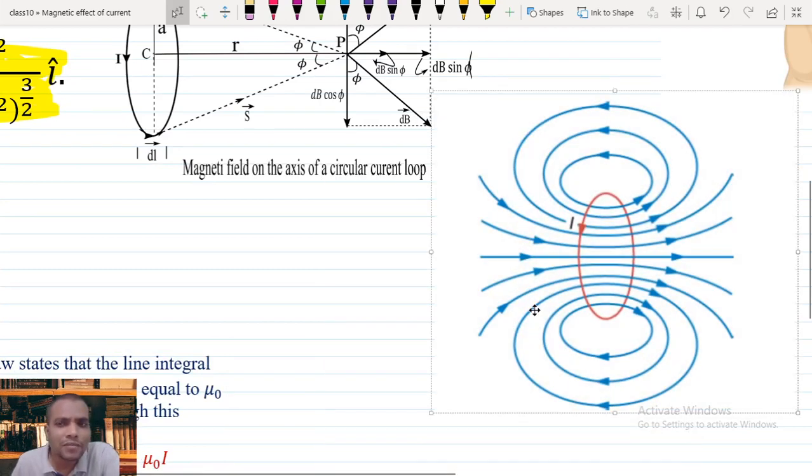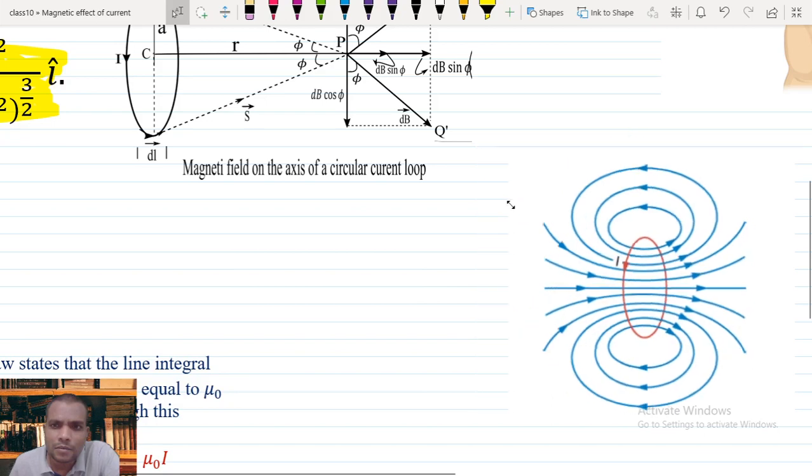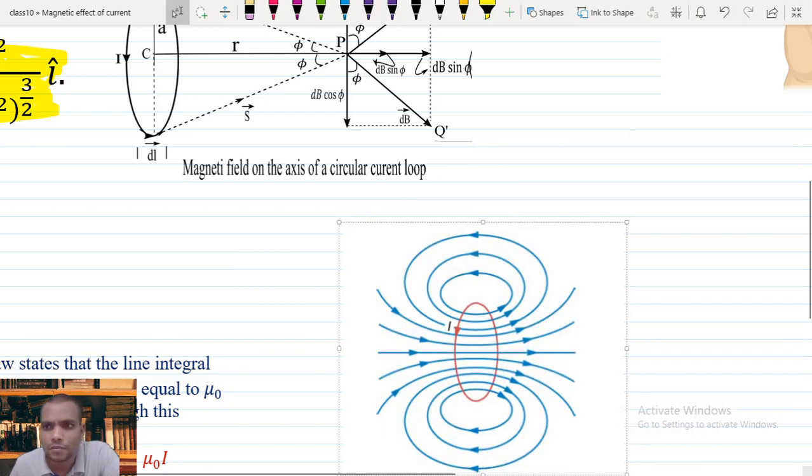Same as before, the curl of fingers of our right hand shows the magnetic field direction, and the thumb indicates the direction of current. So far this much we covered by using Biot-Savart's law.